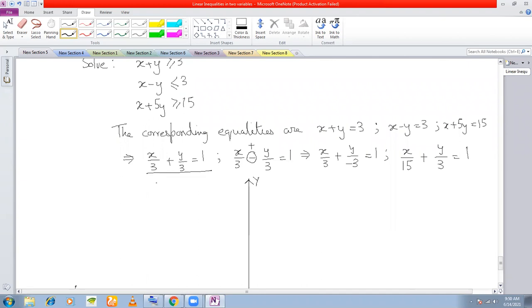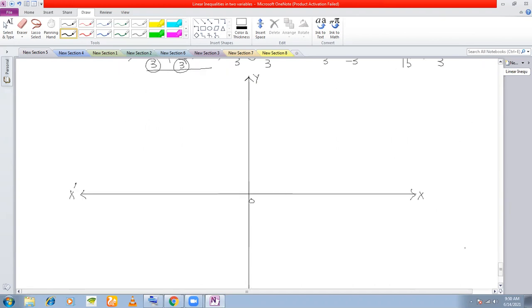This is your corresponding equation. So you have 3 here and you have 3 here. So that means this graph will pass through 3, 0, and 0, 3. I'll join these 2 points. So this is my straight line.